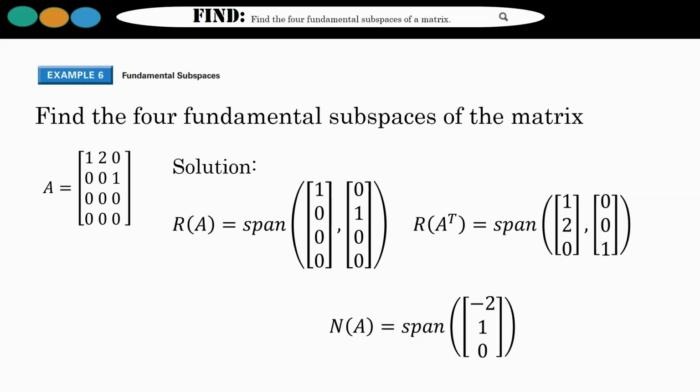For the value of x sub 2, we can enter any other non-zero value. So here we put the value of 1, and then x sub 3 is equal to 0. So there you go. The null space of A is equal to span negative 2, 1, 0.